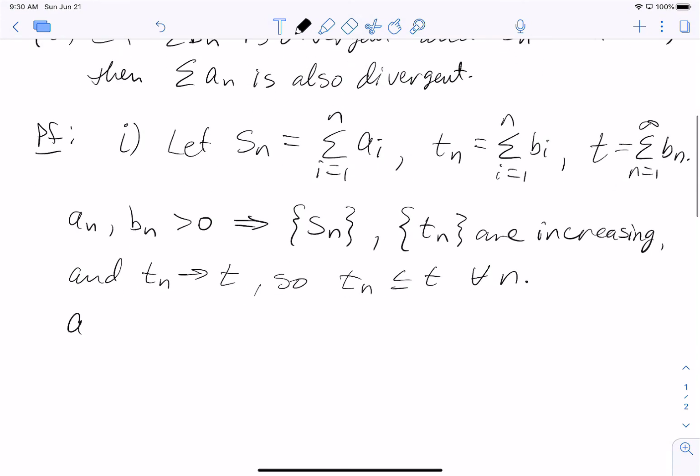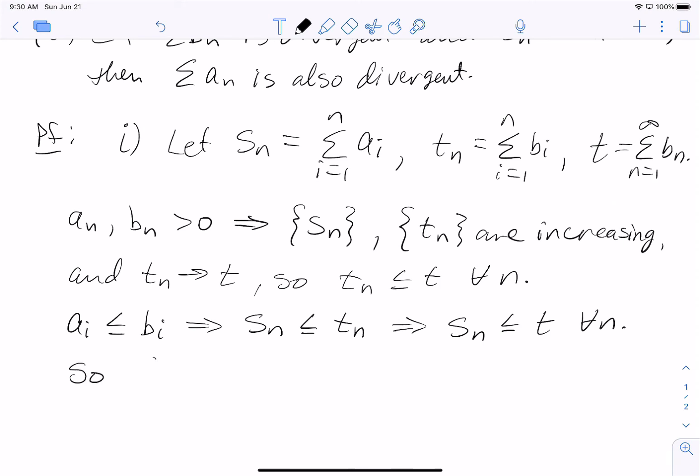Further, by assumption, a sub i is less than or equal to b sub i, which means that s sub n, the partial sum for a, is less than or equal to t sub n, the partial sum for b, which means that s sub n is also less than or equal to t for all n, t being the infinite sum.